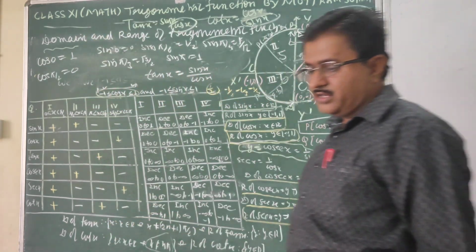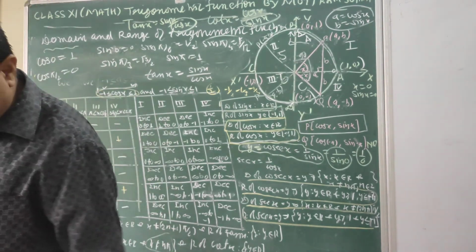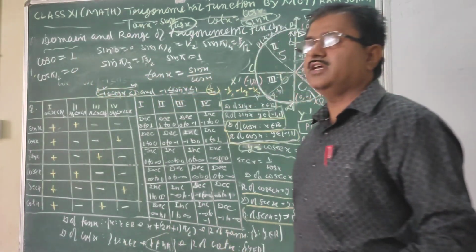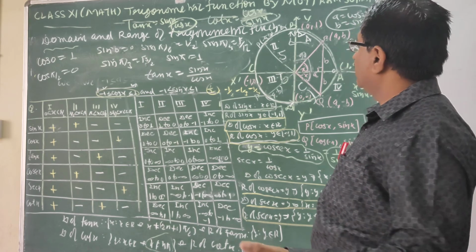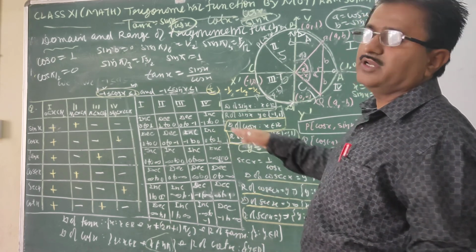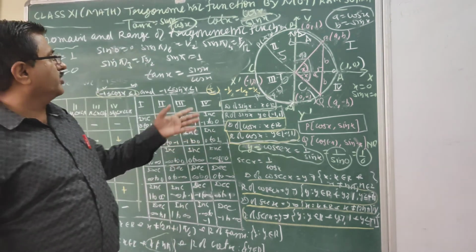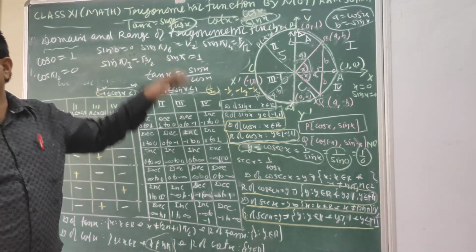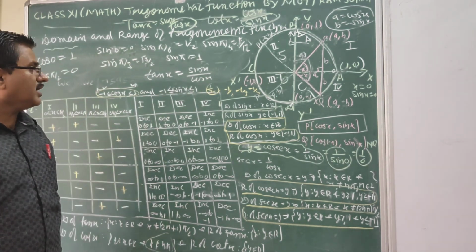You have to learn them. The graph of each function is already given, and we have discussed the graphs in the regular class, or you can find them in the book or in online videos. The graph can be easily drawn on graph paper: put in values of x, find the corresponding values of y, plot the points, and you get the graph.